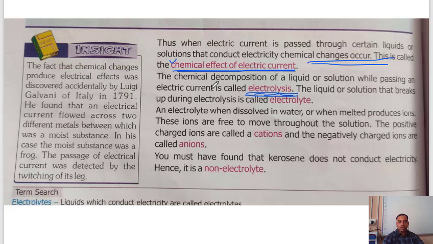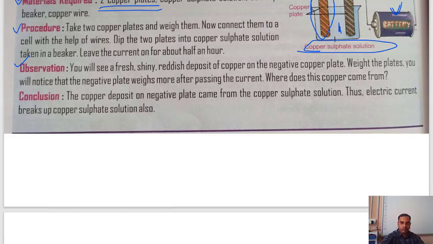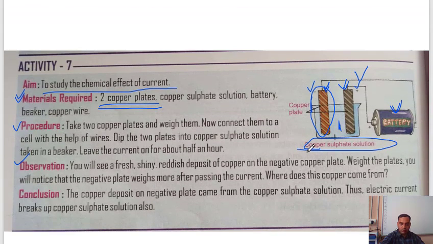The liquid or solution that breaks up during electrolysis is called the electrolyte. What is the liquid here? In this activity, activity 7, we took copper sulfate solution. This liquid is called the electrolyte.